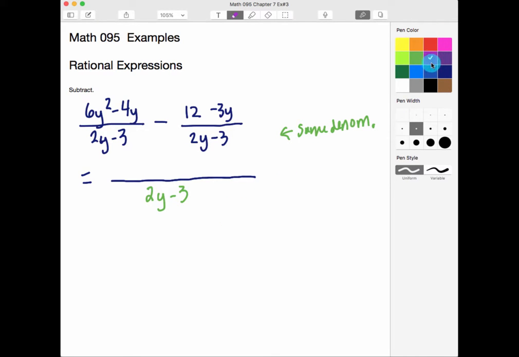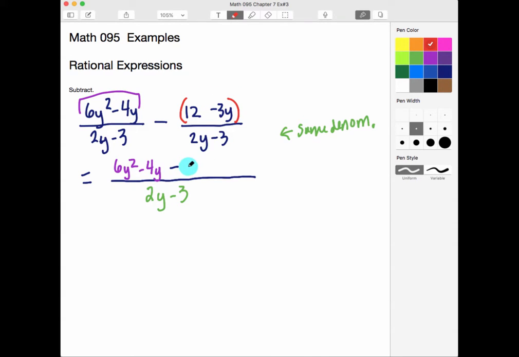And then for the numerator, we'll write the first numerator, 6y squared minus 4y. You can rewrite that just as it is, but we have to remember that we're subtracting this entire quantity from the first one. So we're subtracting this quantity of 12 minus 3y.